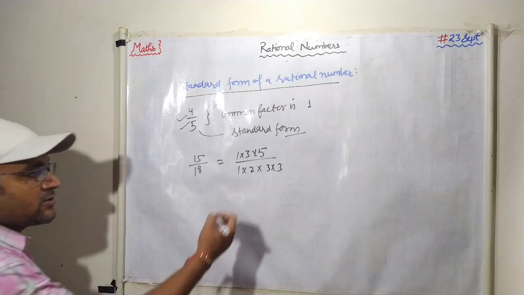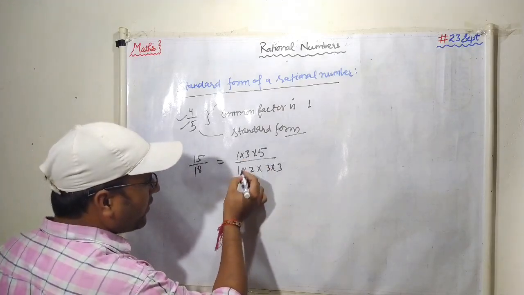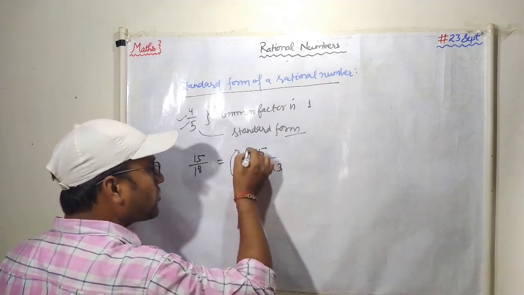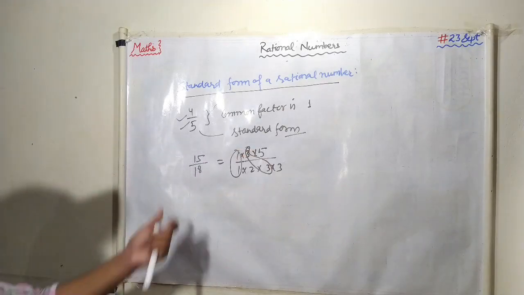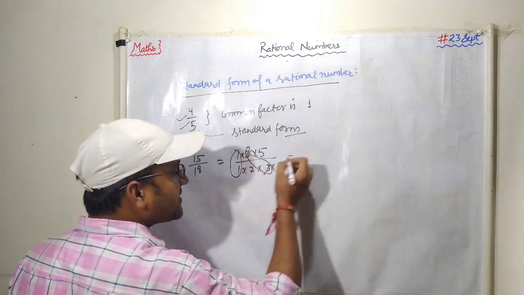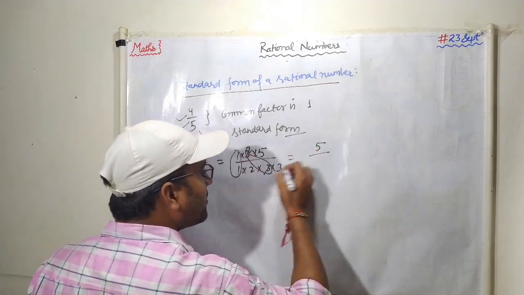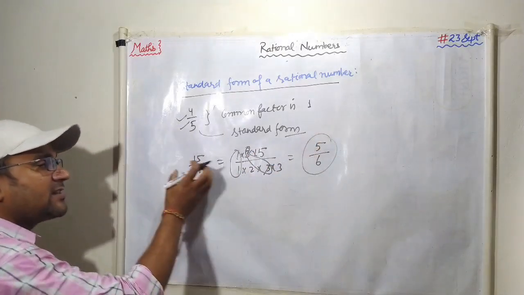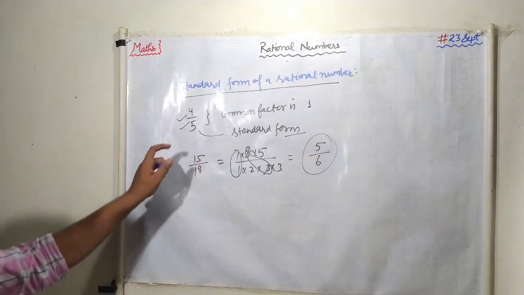So in this one, 1 is common and 3 is also common. More than 1 means it is not in standard form. If this 3 is cancelled out by this 3, you get 5 upon 6. So 5 upon 6 is the standard form of 15 upon 18.